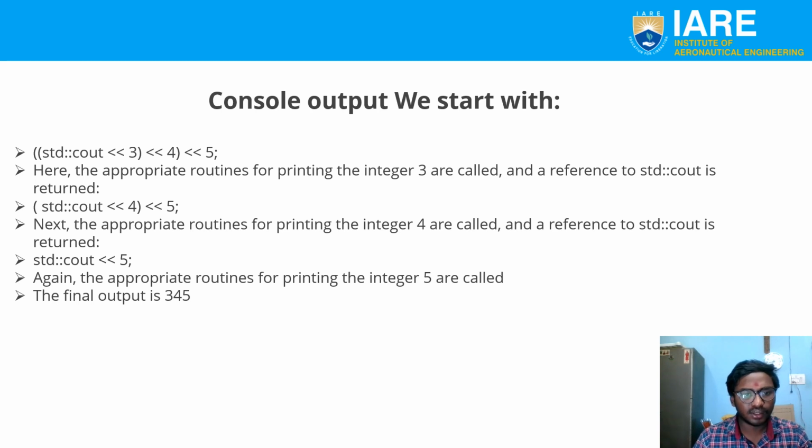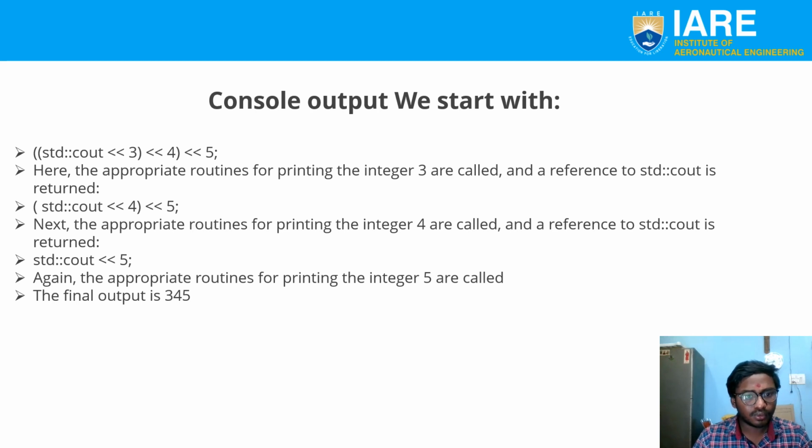Next, the appropriate routines for printing the integer 4 are called, and the reference to std::cout is returned: std::cout << 5. Again, the appropriate routines for printing the integer 5 are called.